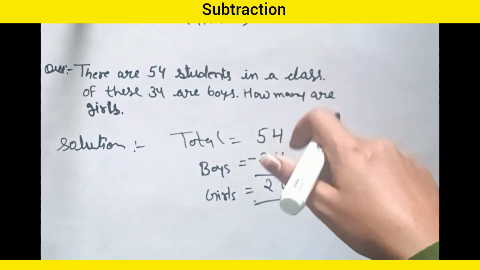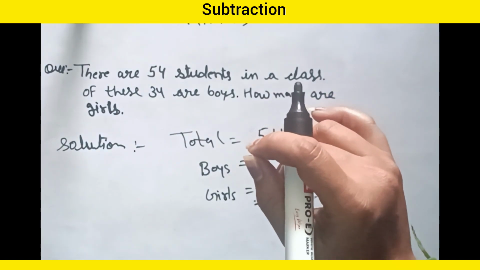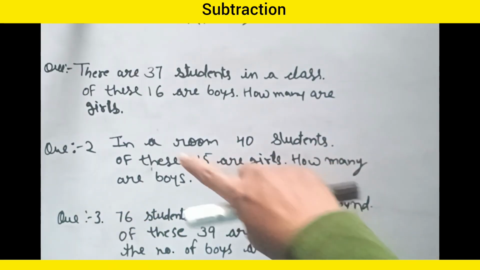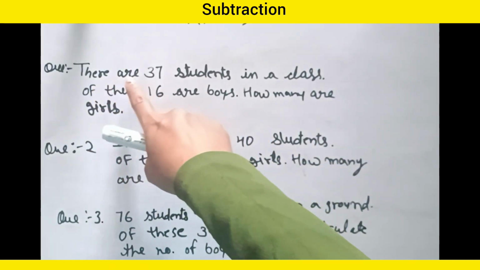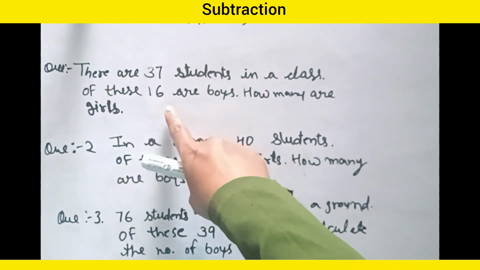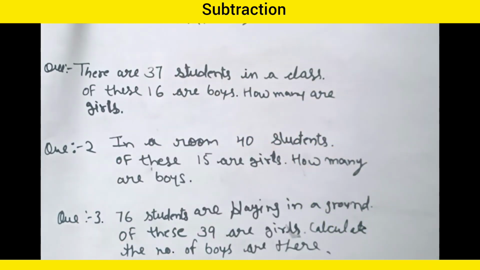And next I am giving you a practice set. I am giving you three sums to solve. The first sum is: there are 37 students in a class. Of these, 16 are boys. Then how many are girls?